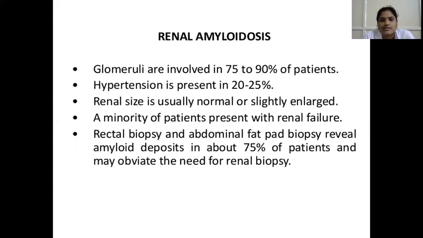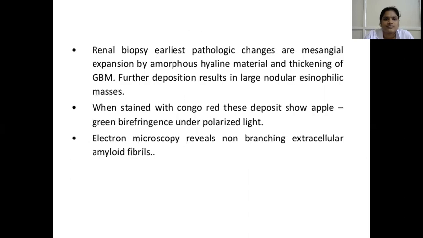So glomeruli are involved in around 75 to 90% of the patients, and hypertension is present in around 20 to 25%. Renal size is usually normal or slightly enlarged. A minority of patients present with renal failure. Rectal biopsy and abdominal fat biopsy reveal amyloid deposits in about 75% of the patients, and they may not need to go for renal biopsy.